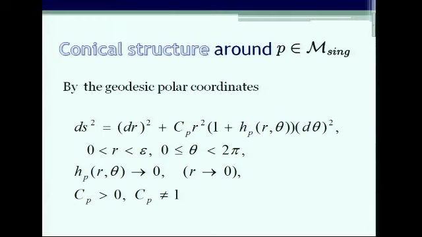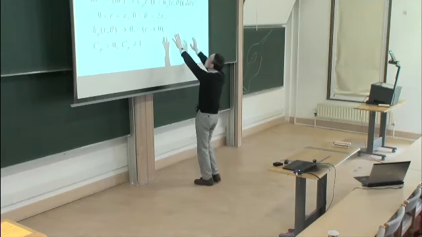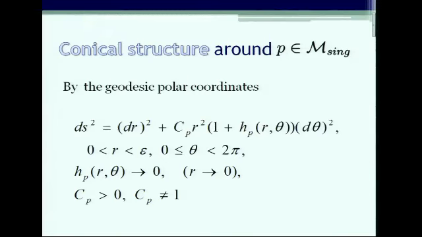By taking suitable geodesic polar coordinates, the metric has this form. It's almost like dr squared plus something small, and you have constant C_p here, which is different from 1. In the case of the quotient space of the hyperbolic manifold, C_p was just 1 over n squared, where n was the order of the rotation group.